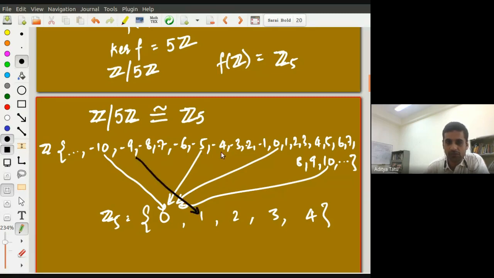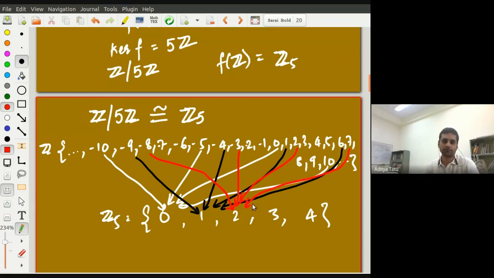Minus 9 goes to 1, 1 goes to 1, 6 goes to 1. Minus 8, minus 3, 2, 7. Right? And so on, and I'm not going to draw more arrows. What is the kernel? All multiples of 5, right?